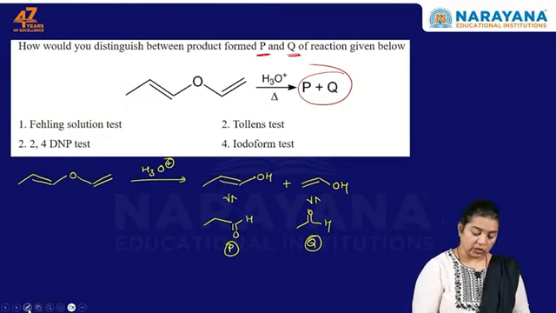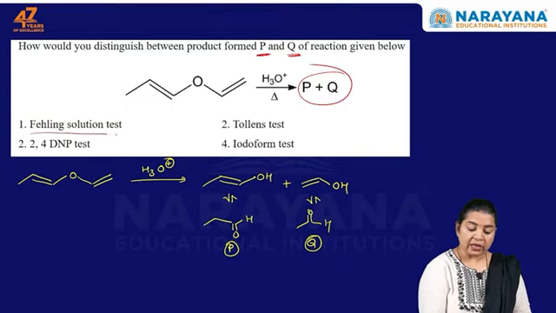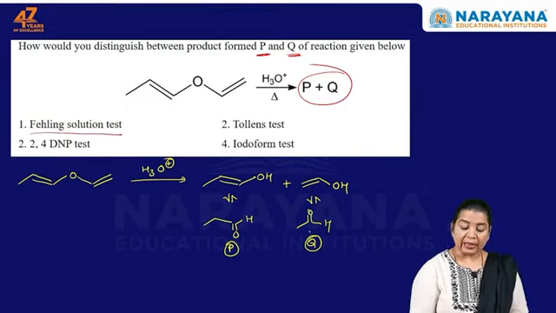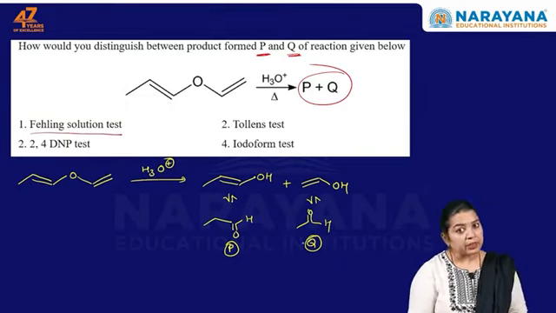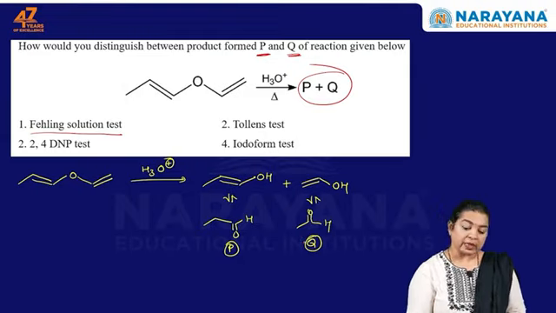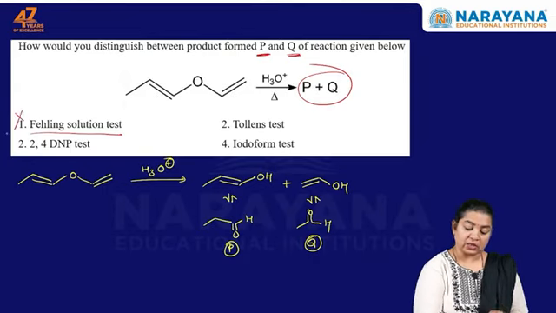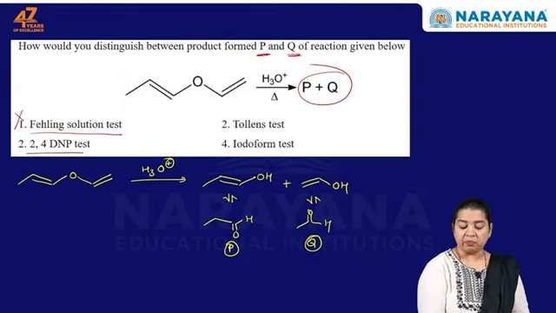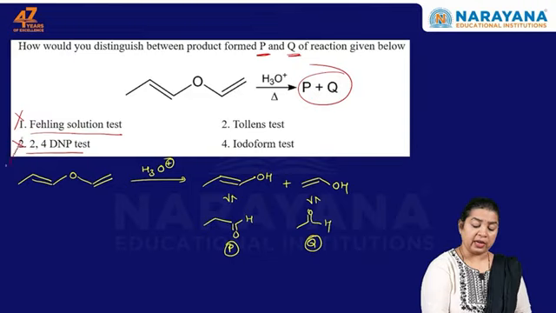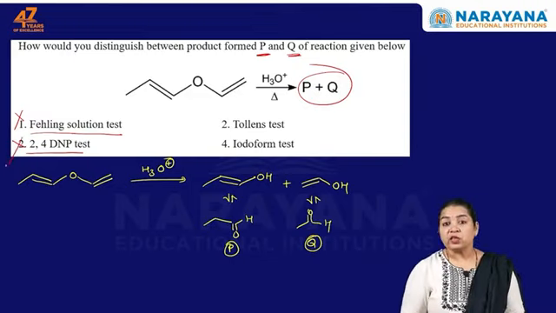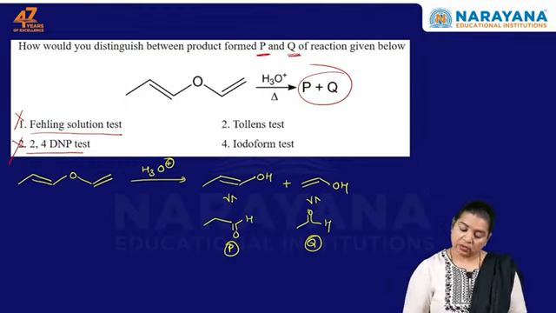Now let us check the options. Fehling solution: both are aldehydes, none is aromatic aldehyde, so both will give a positive test with Fehling solution. I cannot use this as a test. 2,4-DNP, dinitrophenyl hydrazine test, Brady's reagent: both aldehydes will give this test. Again, can't be used.